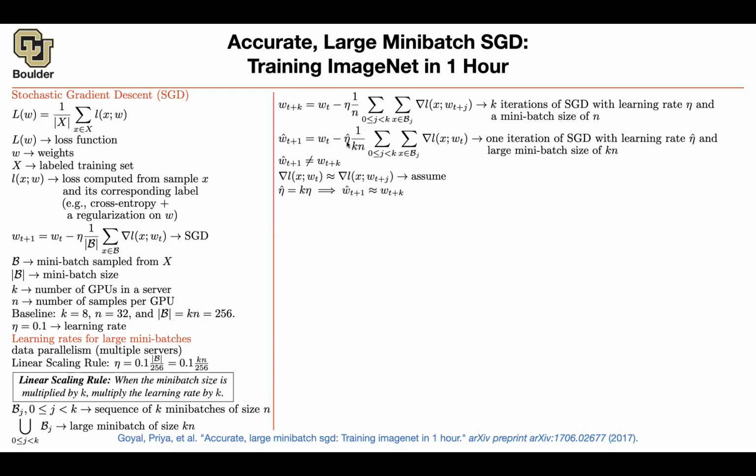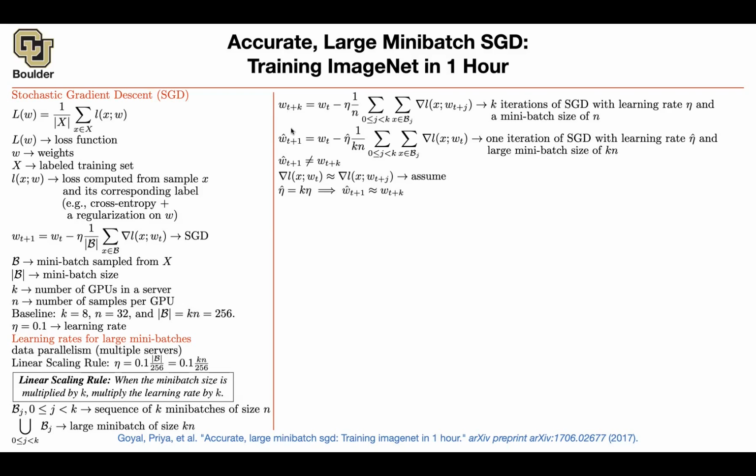Then we can go back to your first point. You choose eta hat, the new learning rate for the bigger batch, to be k times bigger than the learning rate for the smaller mini batch. And these two formulas are going to match, the one above and the one below, because this is going to be k times eta, and then those two k's are going to cancel, and these two end up being equivalent.